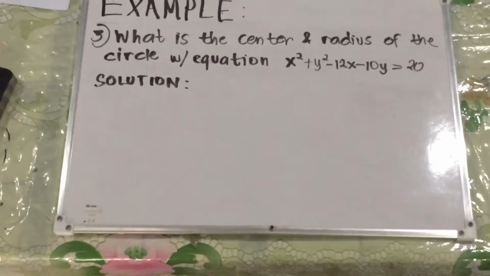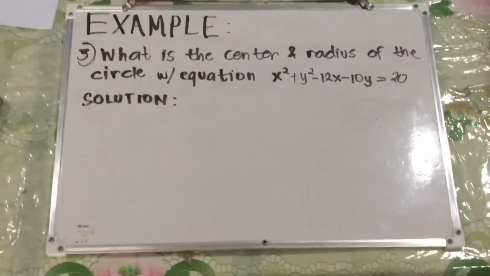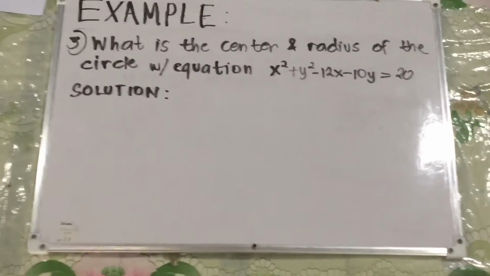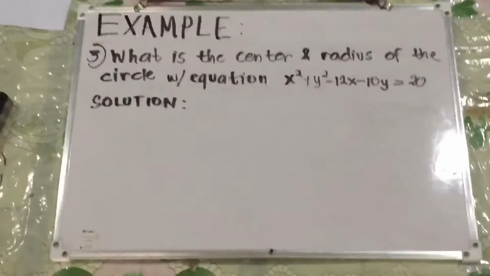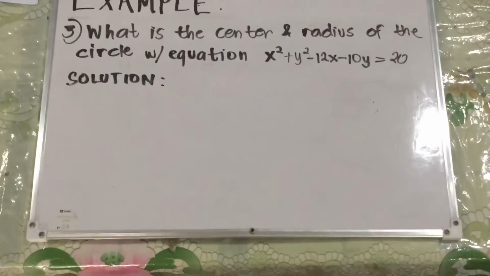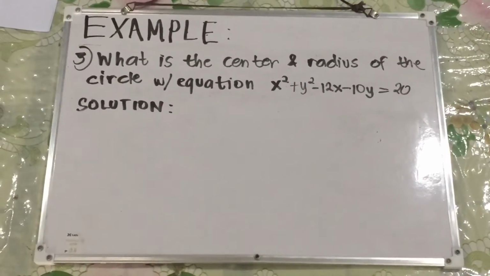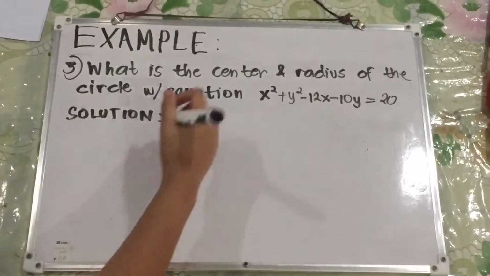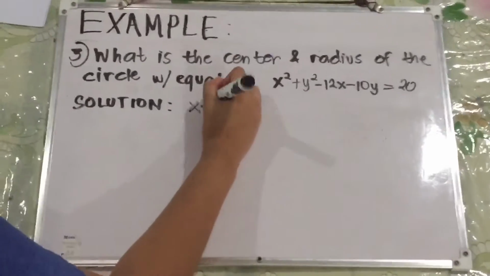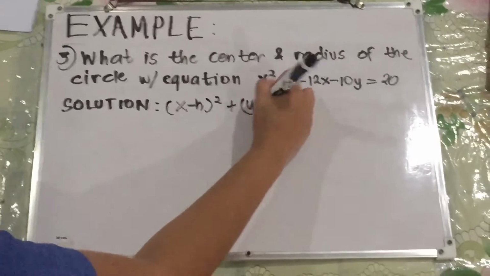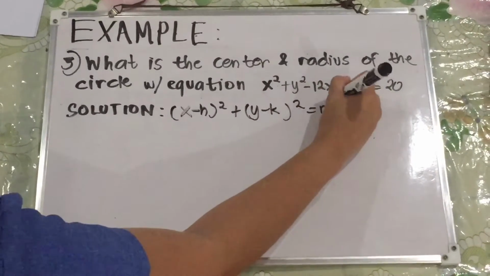I assume that you understood example number 2. So let's proceed to example number 3. What is the center and radius of the circle with equation x² + y² - 12x - 10y = 20? From the standard form, (x - h)² + (y - k)² = r².